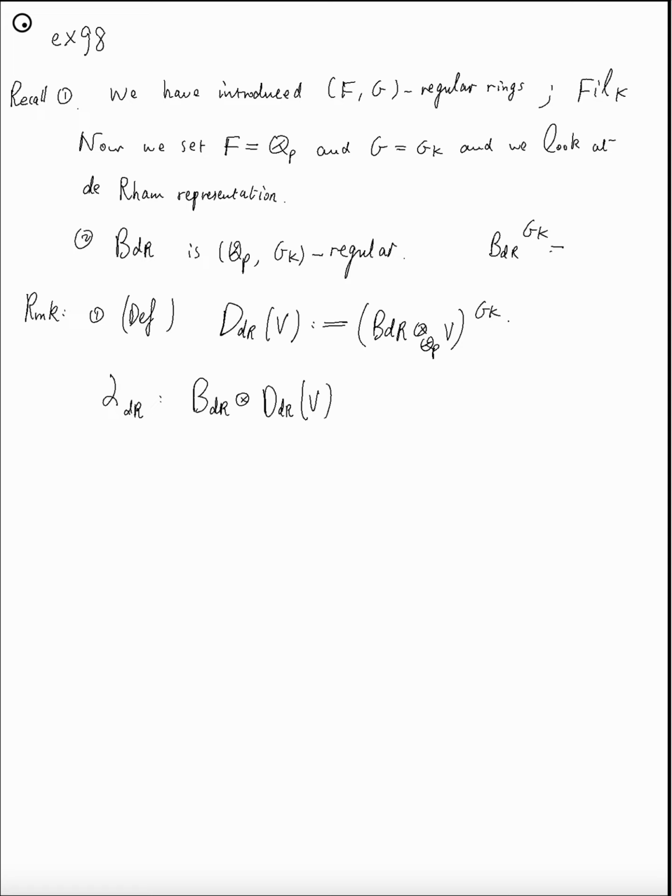This should be K, let me make sure. Yes, so this is just K, and then maps to B_dR over Q_p.